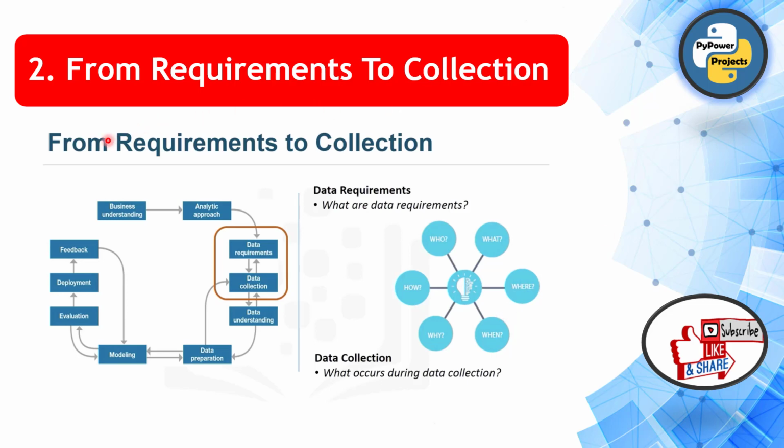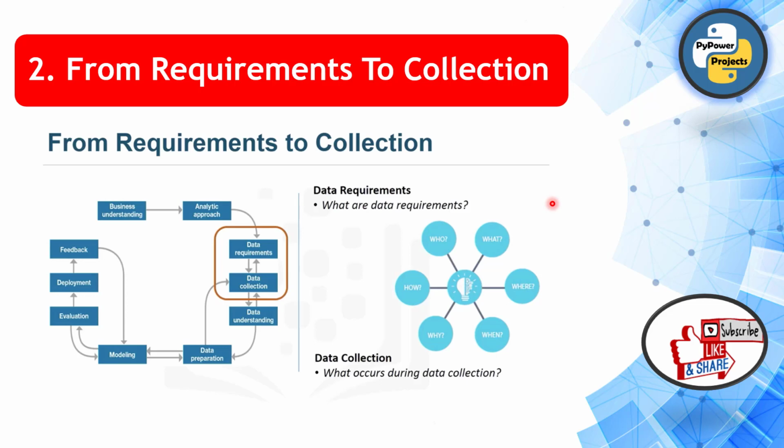So for data collection, we understand the data requirements. What are the data requirements? For example, I am a life insurance policymaker and I need to study what would be the premium for that policy. Then I need requirements about age.